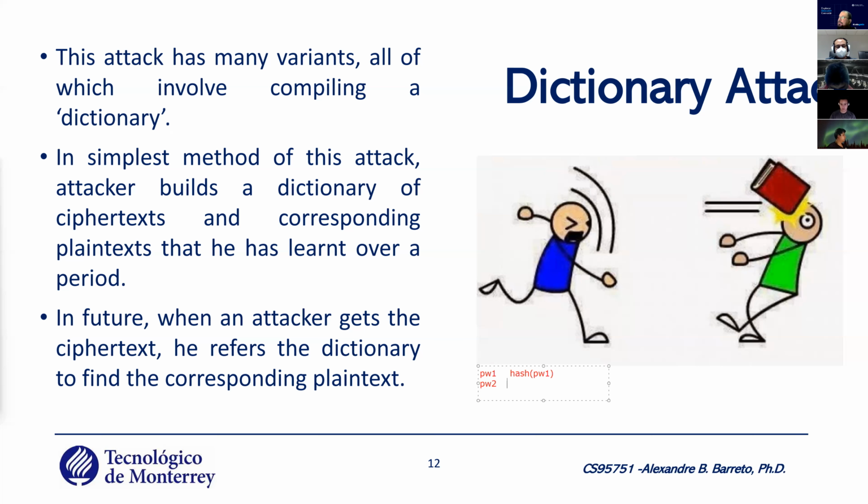Password two, and you have the hash value of password two. Password four, and you have the hash of password four. You have a database of passwords for which you know the hash value.